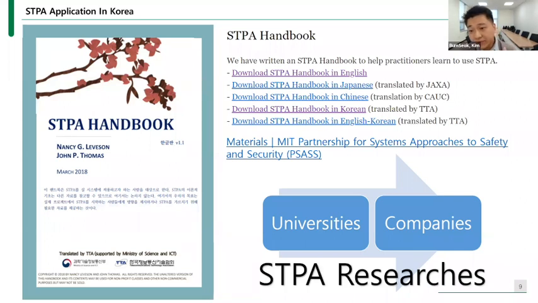And as I know, STPA is already applied in many industry fields in Japan. In Korea, research has recently moved from the universities to industry, and much research is progressing gradually.